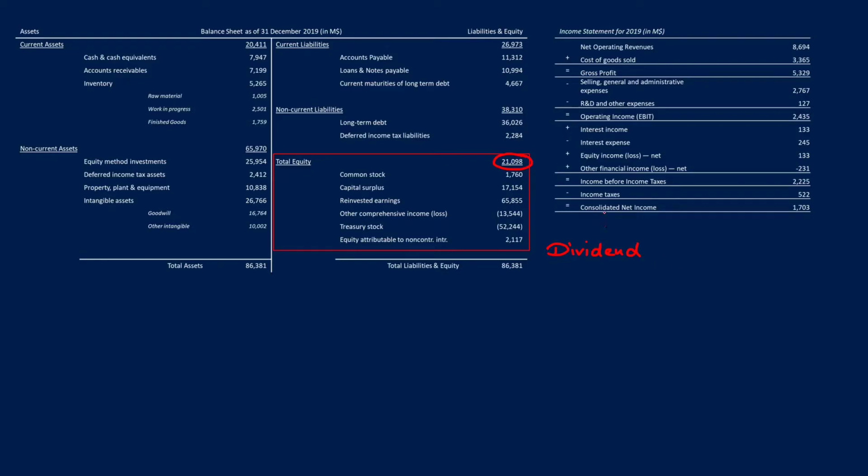We know that the dividend is paid out of the net income, so the net income will be distributed as a dividend. But there's also a second alternative. So if the shareholder meeting decides to retain the earnings, they can also do that.